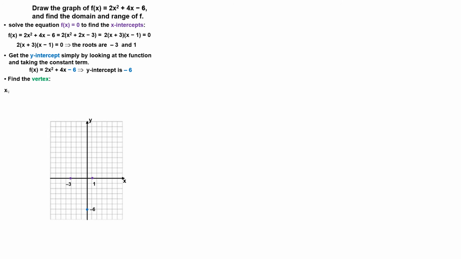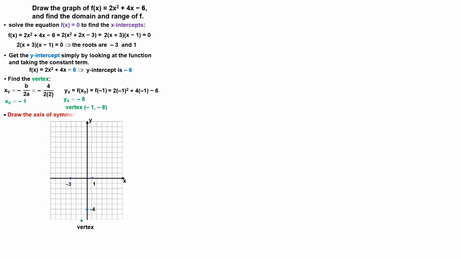Find the vertex. X-coordinate of the vertex is minus 1. Find the y-coordinate of the vertex. The y-coordinate of the vertex is minus 8. Plot this point on the graph.